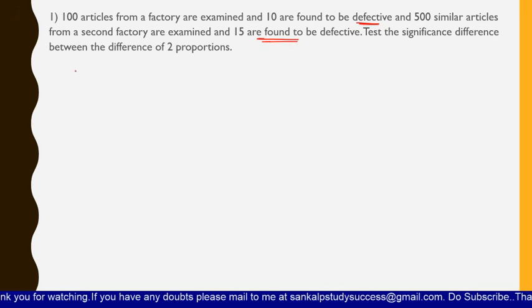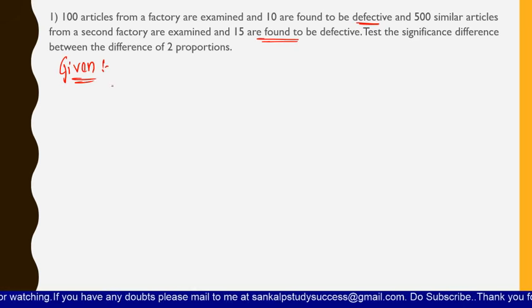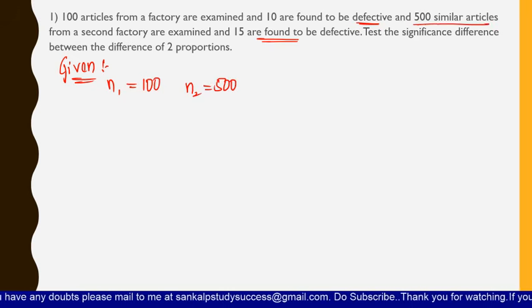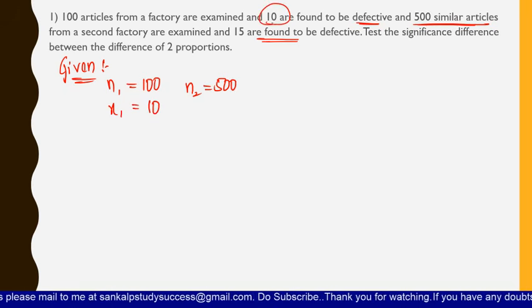Now let us write the given data. N1 and N2. N1 is 100 articles. N2 is 500 similar articles. And X1 is equal to 10 because 10 are found to be defective.